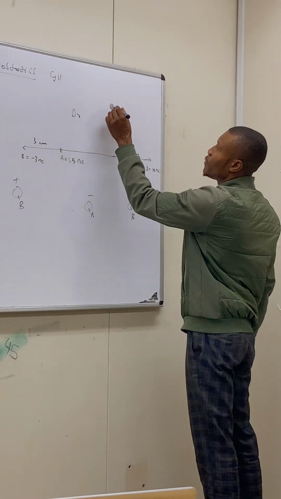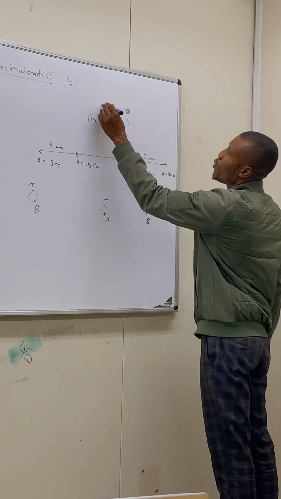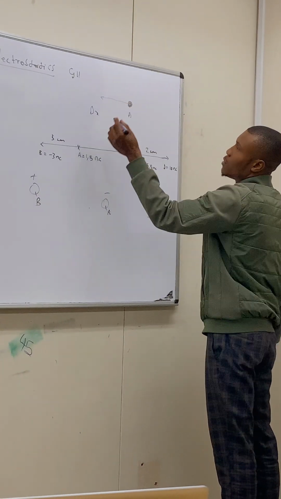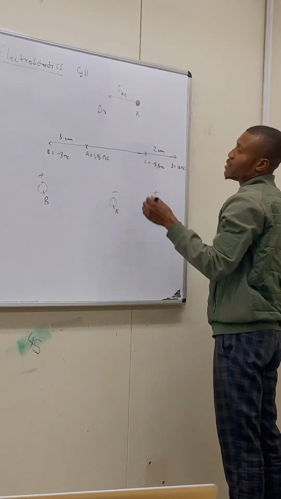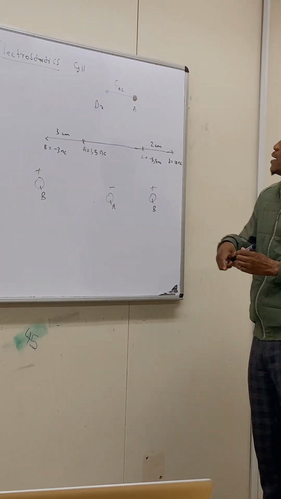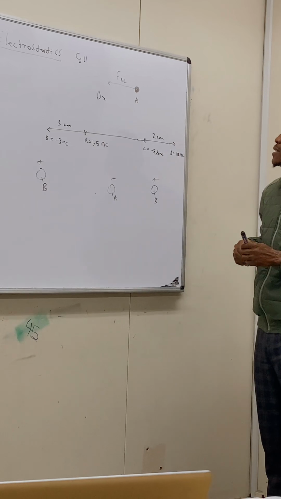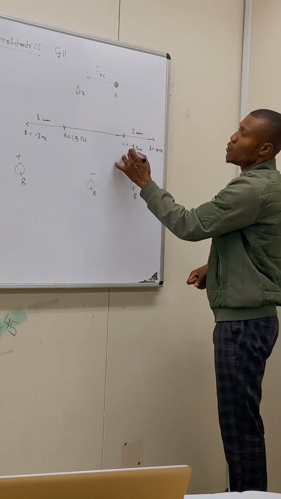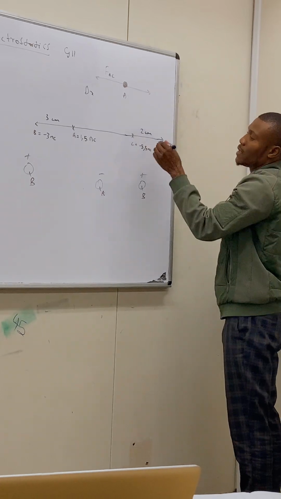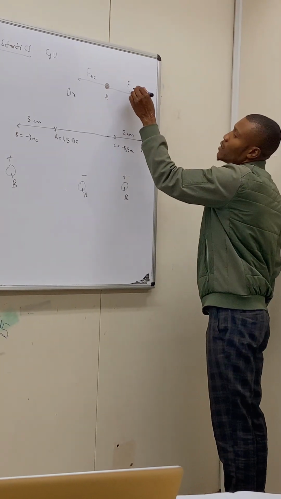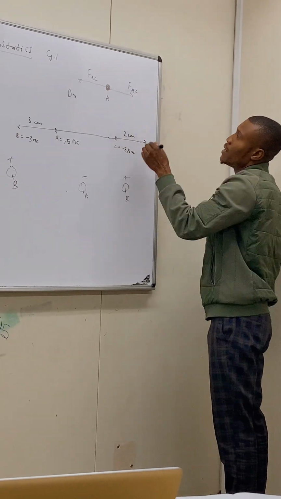So now we'll have our arrow pointing toward B, which is our force between A and B. Now let's check again for A and C. Again, it's a force of attraction, so we'll have another arrow pointing in that direction. It's a force between A and C.